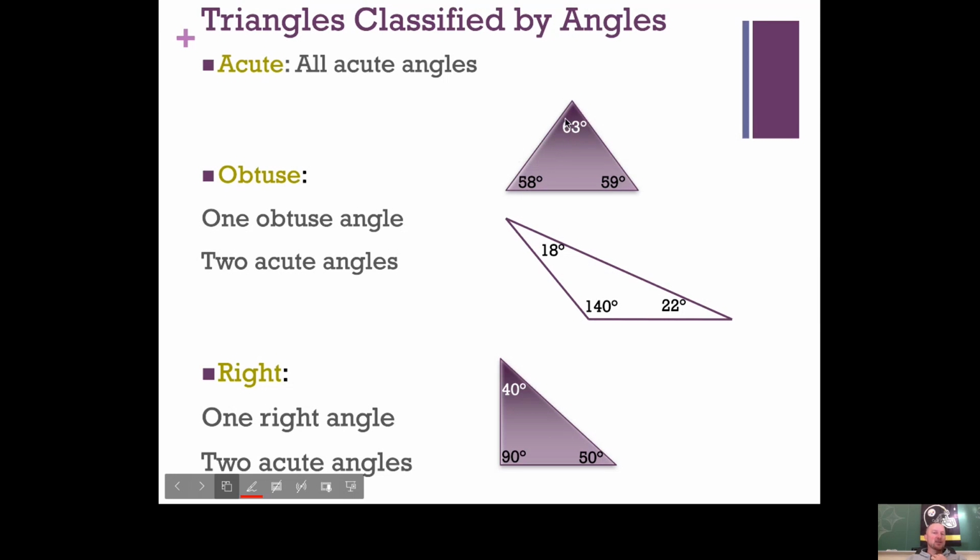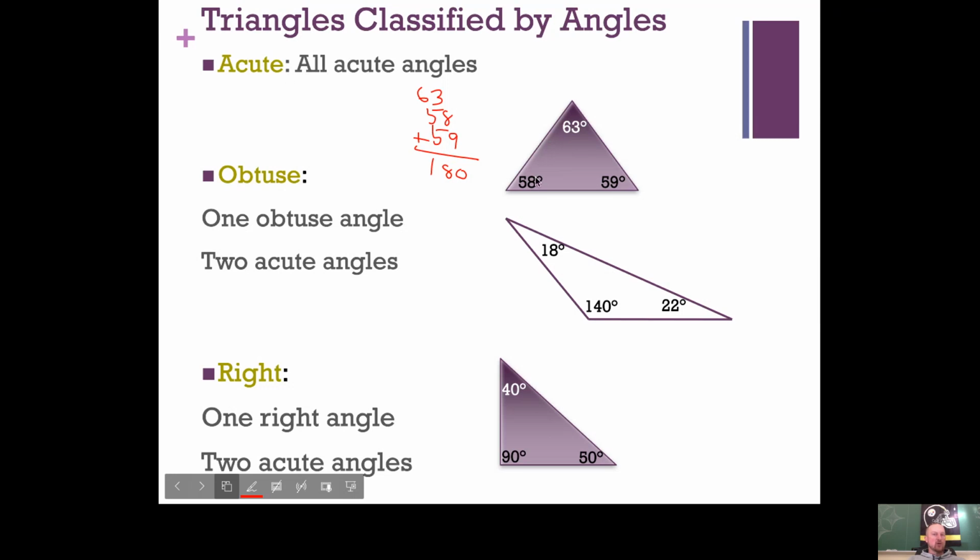We don't talk about it in this section necessarily, but notice 63, 58, and 59 add up to 180. Every triangle has 180 degrees in it. So what's going to happen is we're going to be creating our own triangles in this section a lot. So it's important to know that info. That's why we're going to share it with you now.